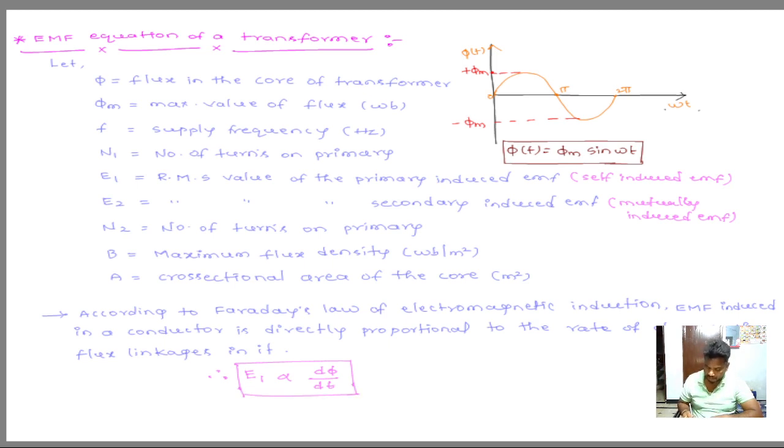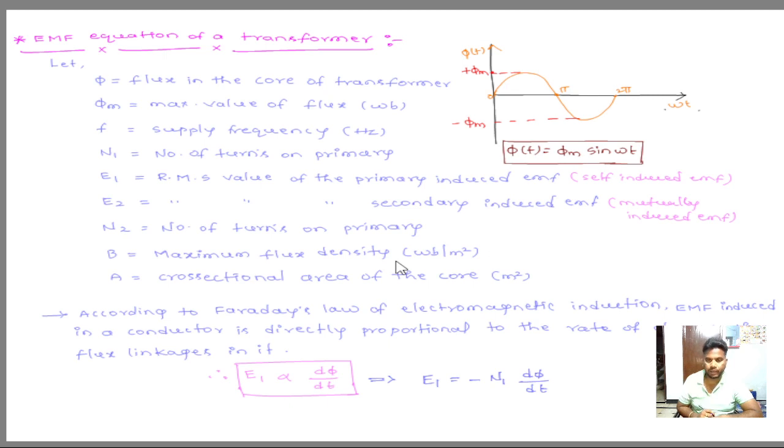To remove the proportionality constant, I am introducing the number of turns on primary. From this, I am writing E1 is equal to minus N1 into d phi by dt.